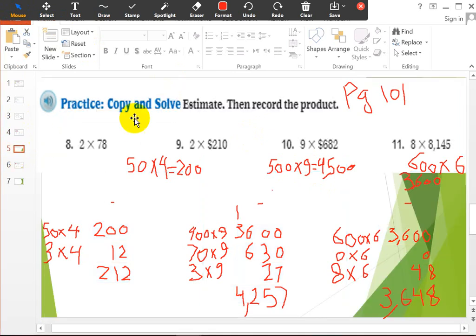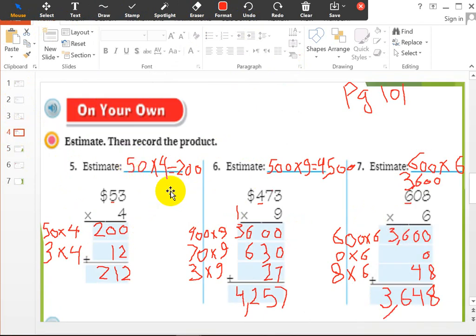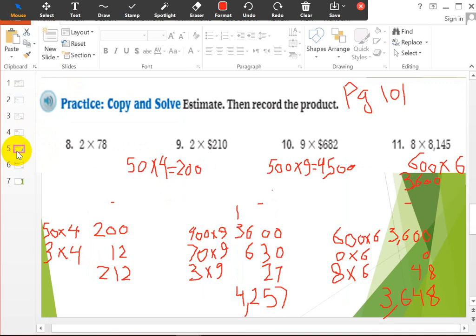Okay, girls, we will continue with exercise number 8. So I think you will find the same steps in all exercises. We will repeat the same steps. So now the same page, we will continue with exercise 8. If you don't understand number 3, I will repeat number 3 for you. Okay, from the last lesson.